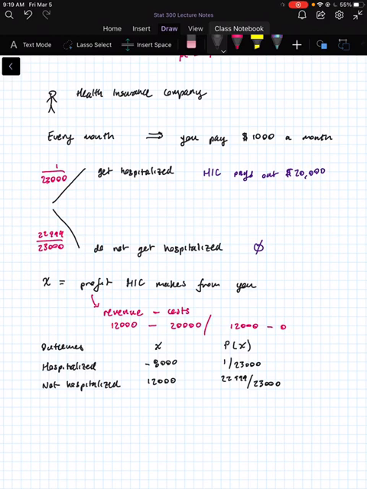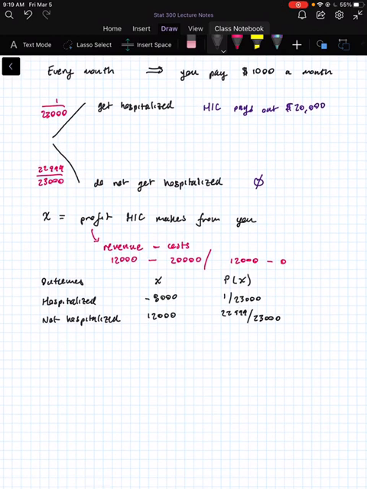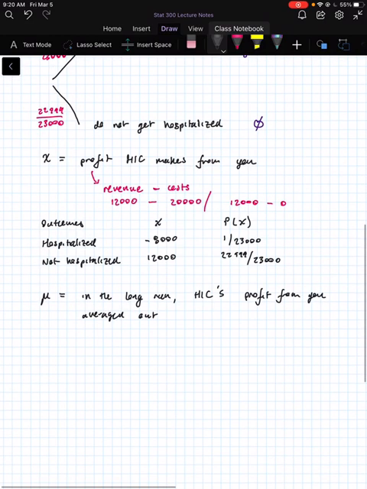So now what we have is, if we think about the expected value here, is what in the long run HIC's profit from you, so the average, out over however long you happen to have their health insurance plan.